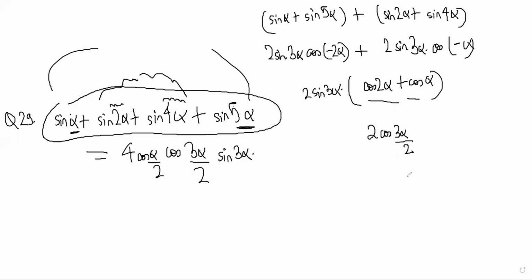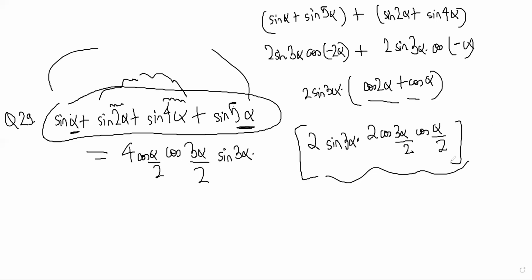So this is 3 alpha by 2, cos of C minus D by 2. And outside there is a 2 sine 3 alpha. So this becomes the RHS. See? It is coming right now. Yes, sir. Okay.